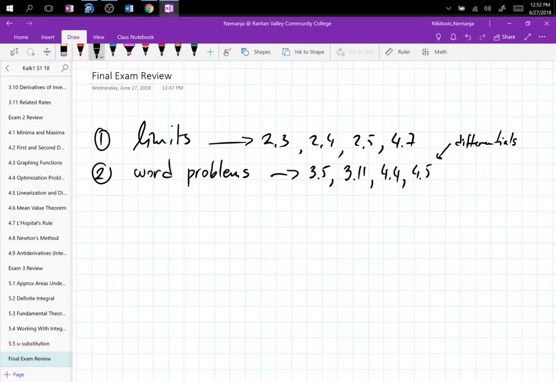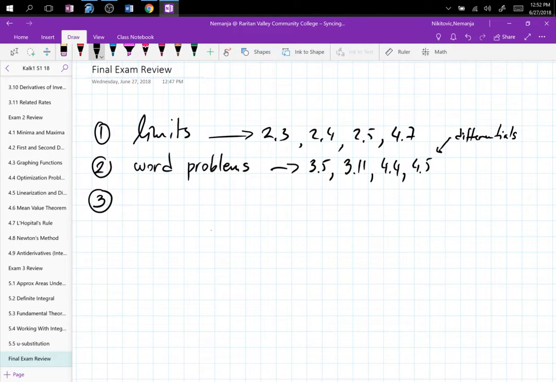Now, these problems can be found on all of your exams, with the exception of the last exam, where you had the mean value theorem, which was the problem that we did with the cop cars and the speeding.